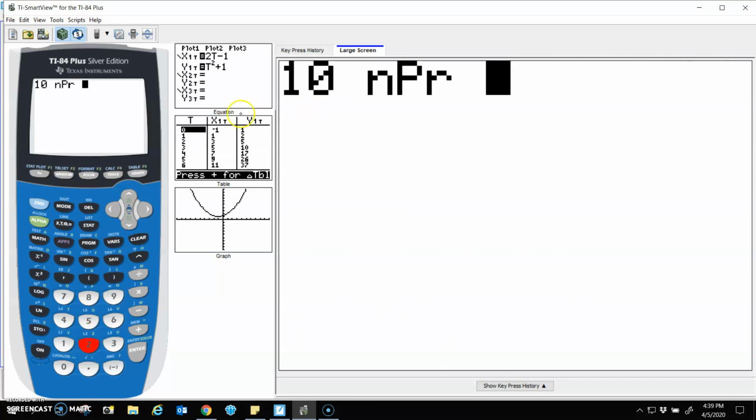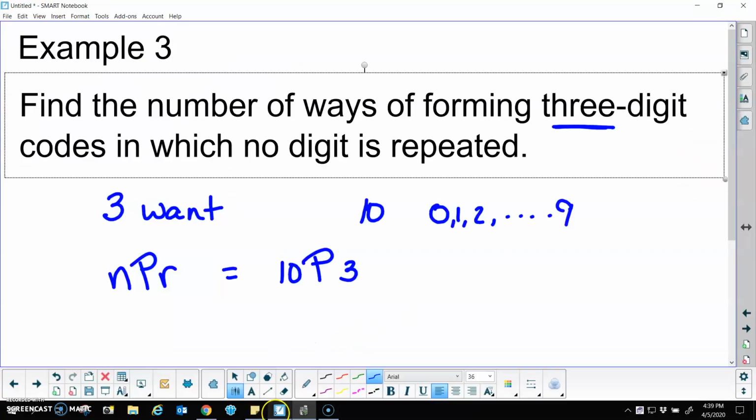Oopsies. 2. This 10 is going in for this n, and then we needed the number 3, and then you hit enter. There are 720 different codes you can put into your calculator. So your final answer is 720.